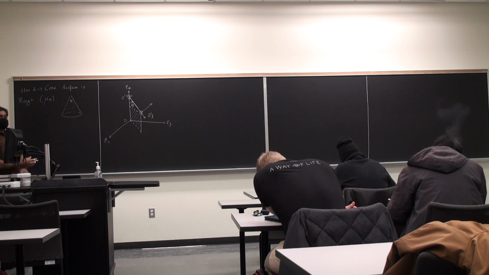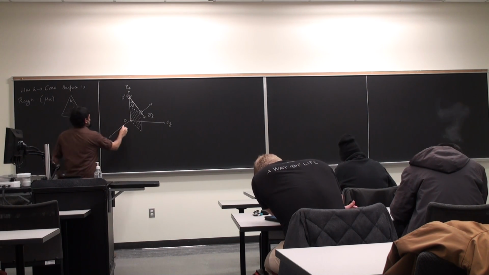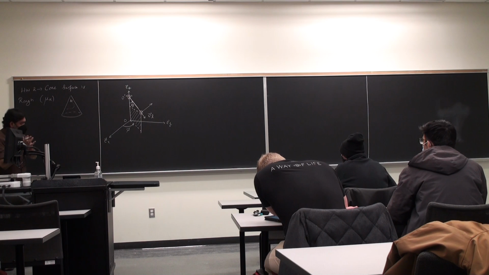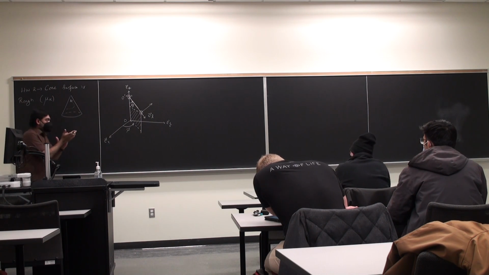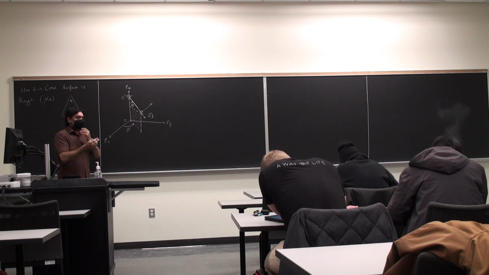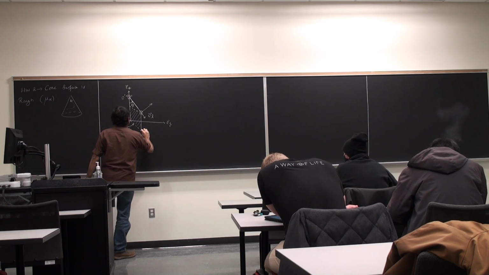And the third unit vector, if I call this angle phi, is going to be along the direction of increasing phi, and it is going to be perpendicular to this shaded plane that I have. Okay?